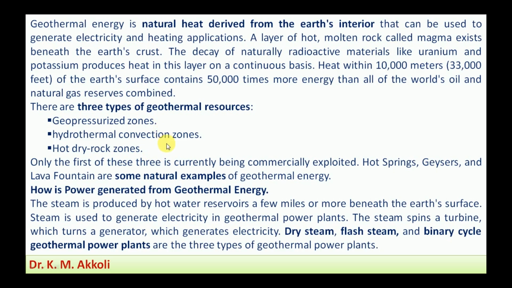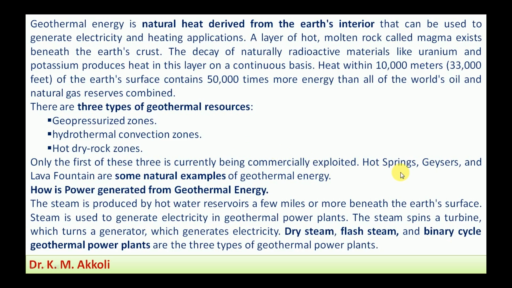Like that, we can have three types of geothermal resources, and only the first of these three is currently being commercially exploited. The first one is presently commercially exploited, and that is used for power generation or other applications also. The other two are under progress.